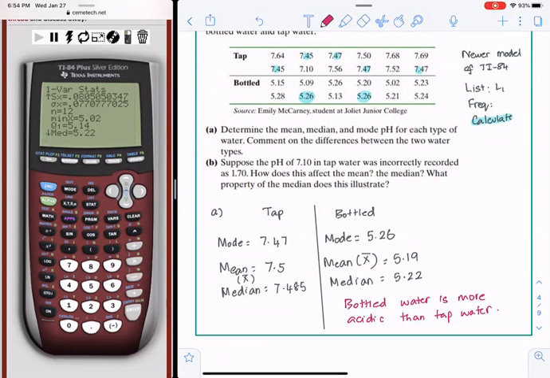So it is going to be more acidic with bottled water.